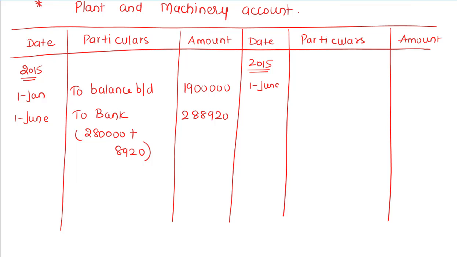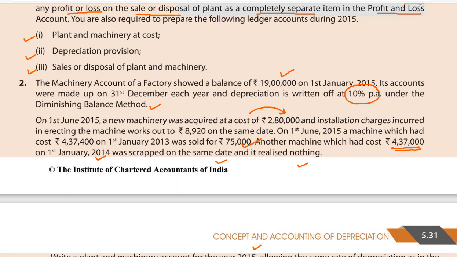On 1st June, there is a sale for 75,000. By bank sale 75,000. You can see it from here. Sold for 75,000.